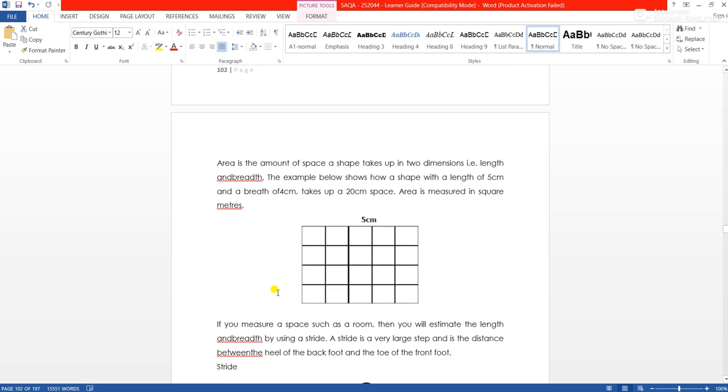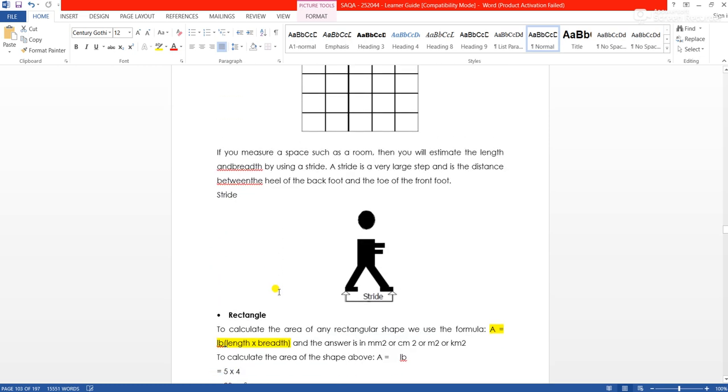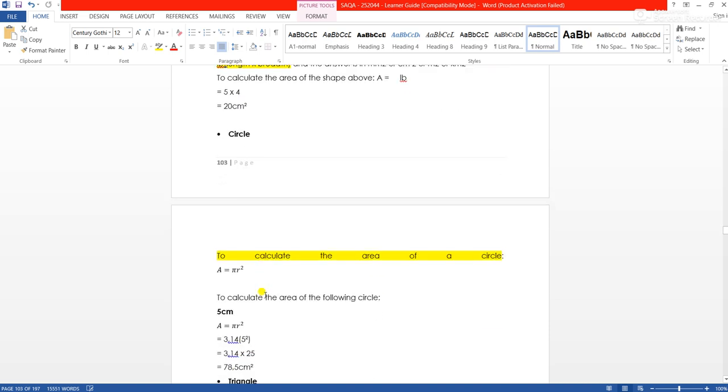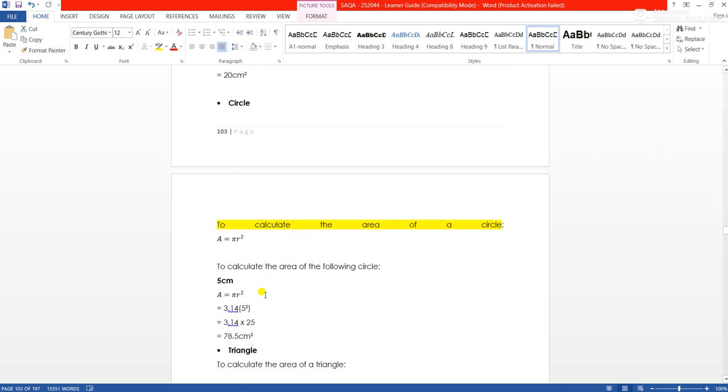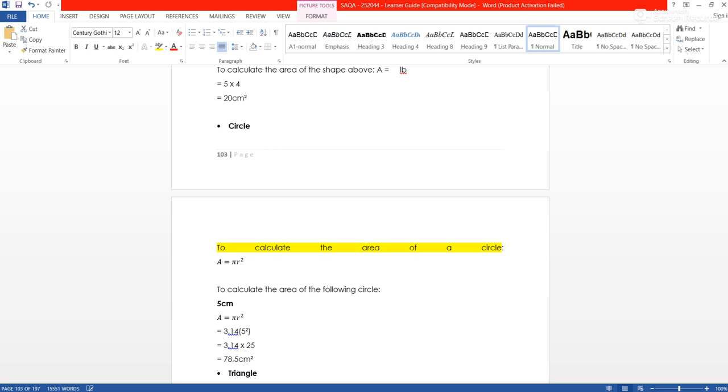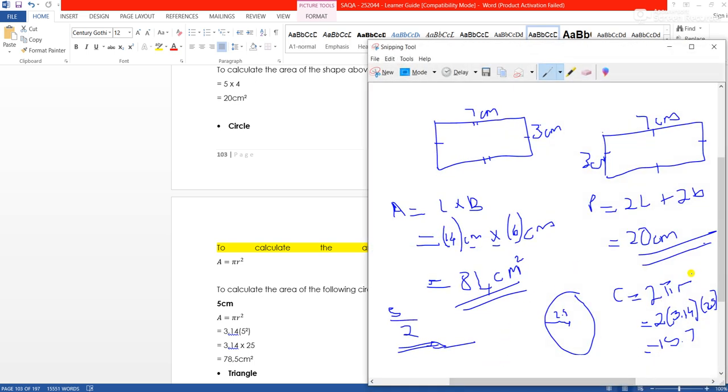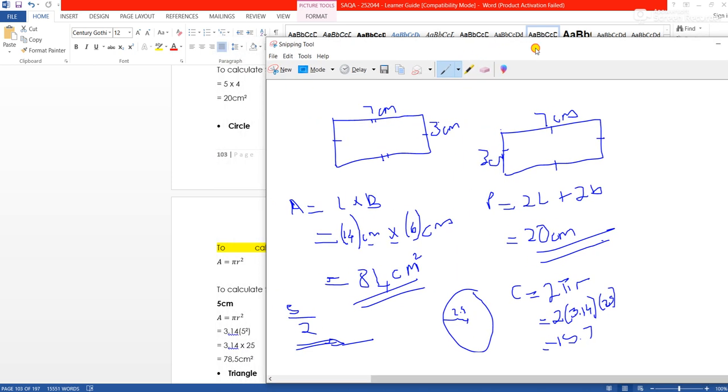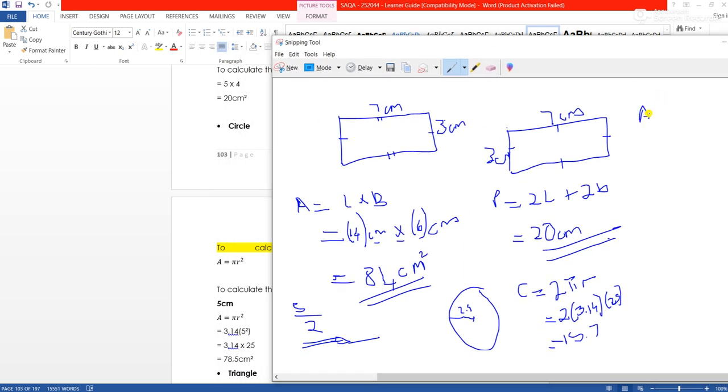So area is more about calculating your length and breadth. We have done that. And for the area of a circle, to calculate this, this is the formula. You just have to apply what you are given. It's much easier. Pi is constant, and the r is different. It's not a circumference but an area. Let's check. A equals pi r squared.